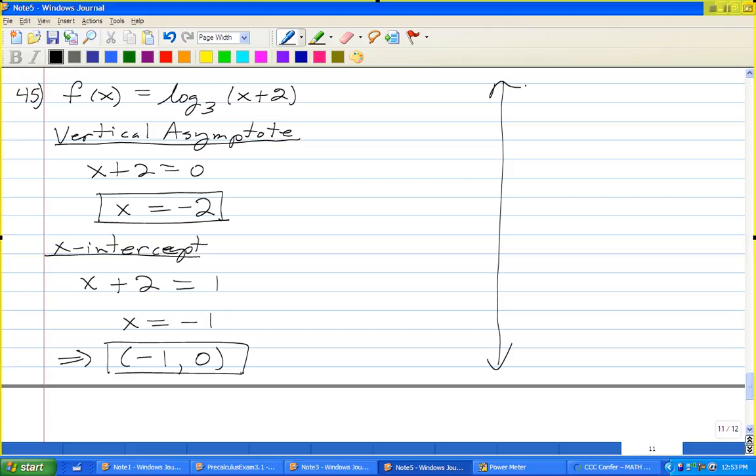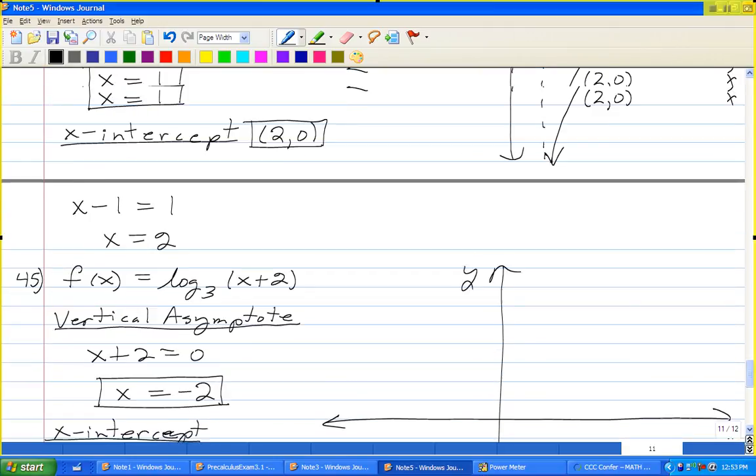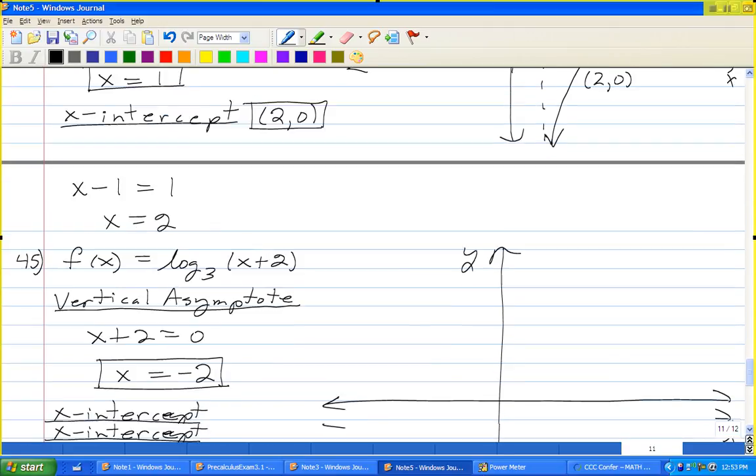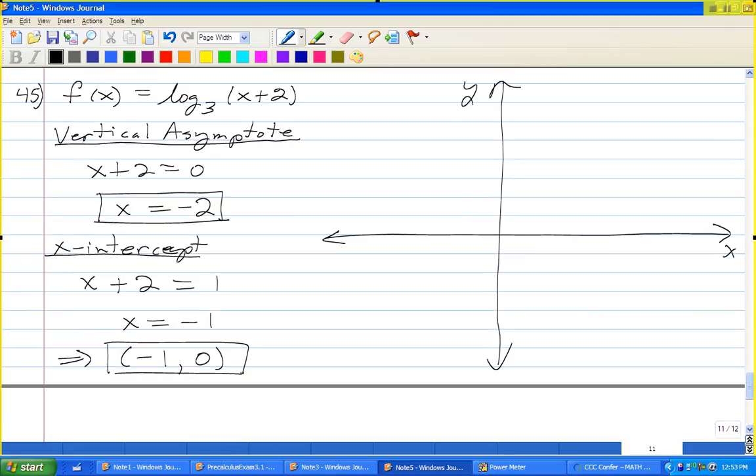So it should look similar to what we graphed in the previous sketch. It'll have the same basic shape. It'll just be translated over differently. So we're going to translate 2 to the left. So this is x equaling negative 2. And so it should look something like this.